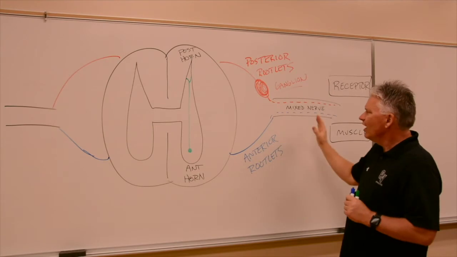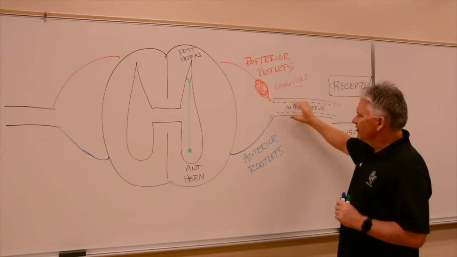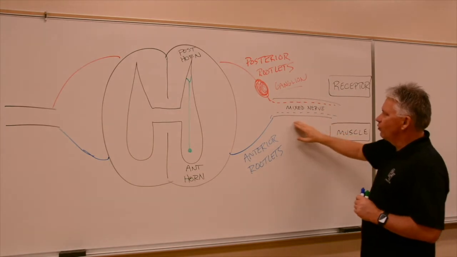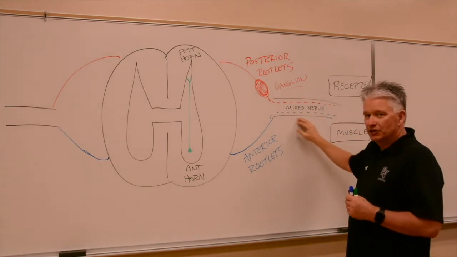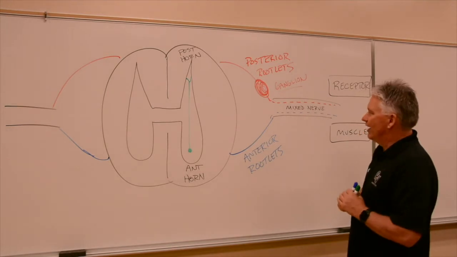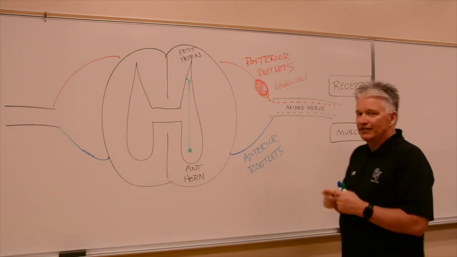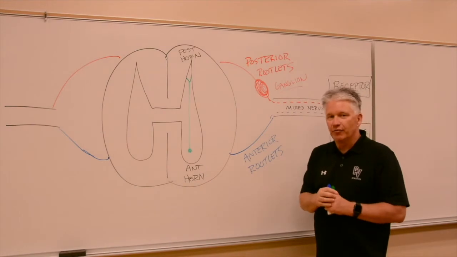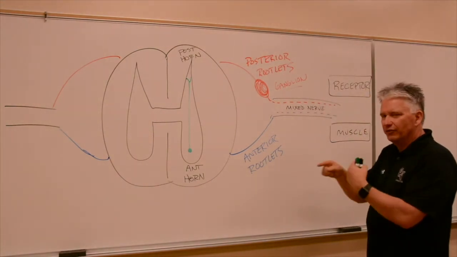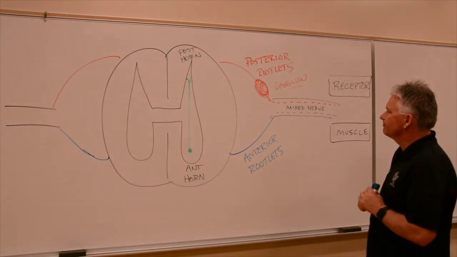So both the motor and sensory information are ultimately going to merge and form what we call the mixed spinal nerve. So remember, a mixed nerve we talked about in chapter 11, but that's carrying motor and sensory information within the same nerve bundle. So it's like a two-way street. We've got traffic going both directions.